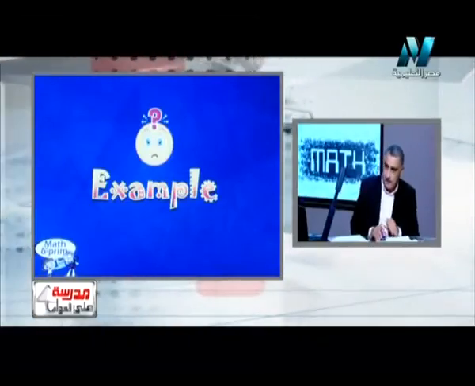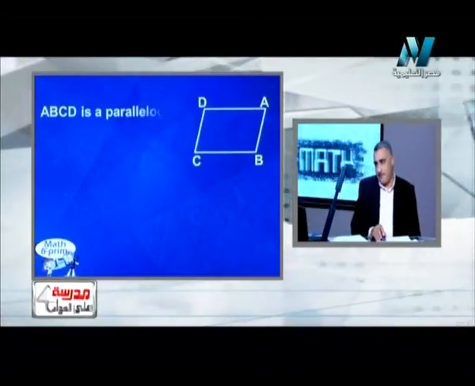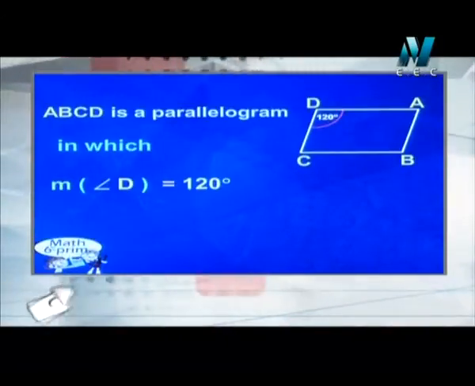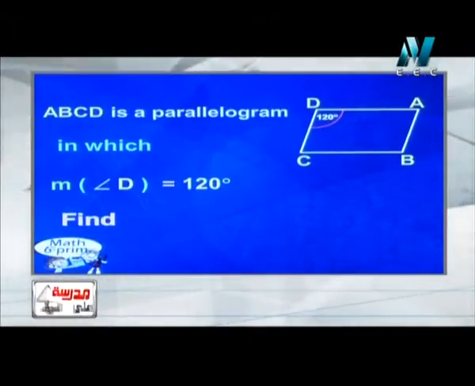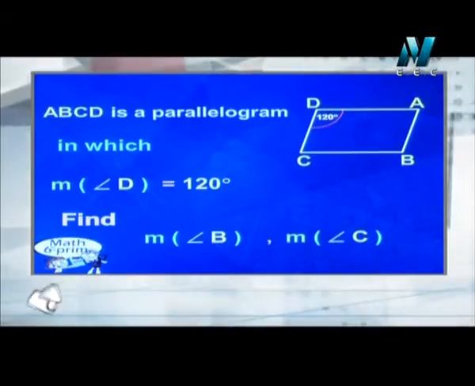We have an example. Let's study it together. We have a parallelogram ABCD as usual, in which the measure of angle D equals 120, the same idea, and find the measure of angle B and the measure of angle C. It's a very important property.